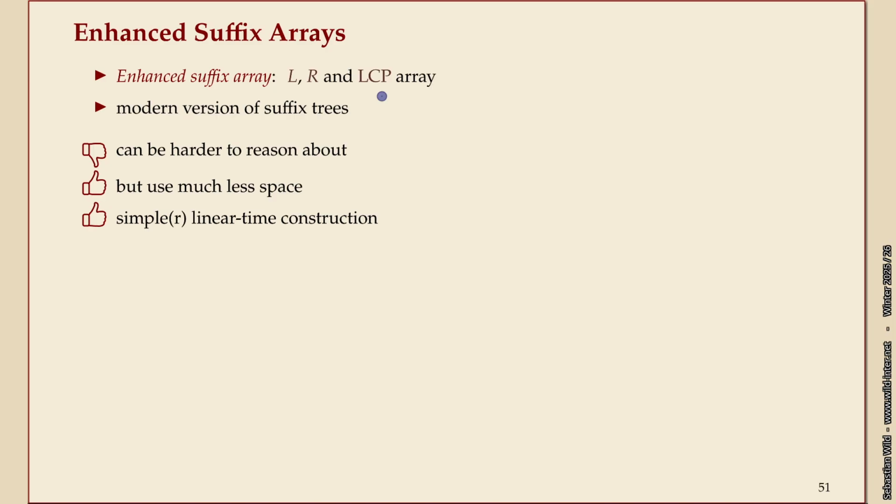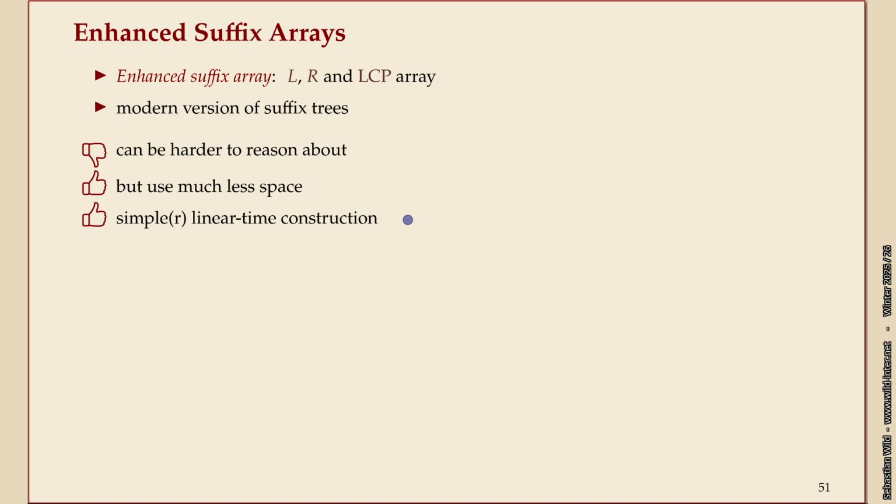And you could say it's the modern version of suffix trees that when you try to solve string problems at scale, you would go to such an approach as opposed to suffix trees. It is a bit harder to reason about, at least for me personally, but anything about the implementation speaks for it. One good way to think about them is design an algorithm for suffix trees and then compile it to work on enhanced suffix arrays.